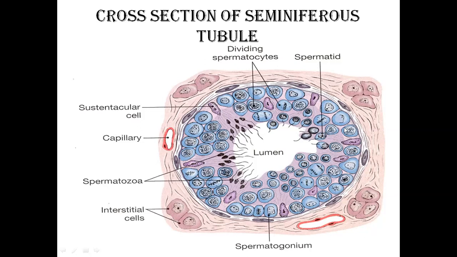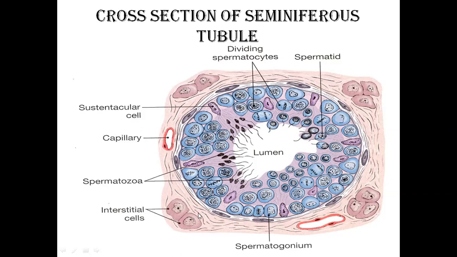sustentacular or supporting cells, which have immense function, but the major function is nursing these different stages of developing sperm by providing nutrition, because they are highly laden with glycogen. We'll come to the functions of Sertoli cells a bit later.